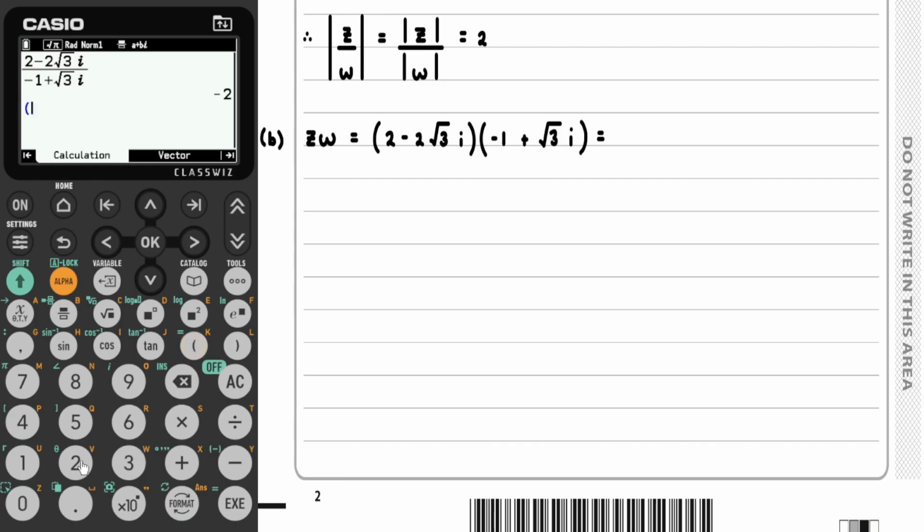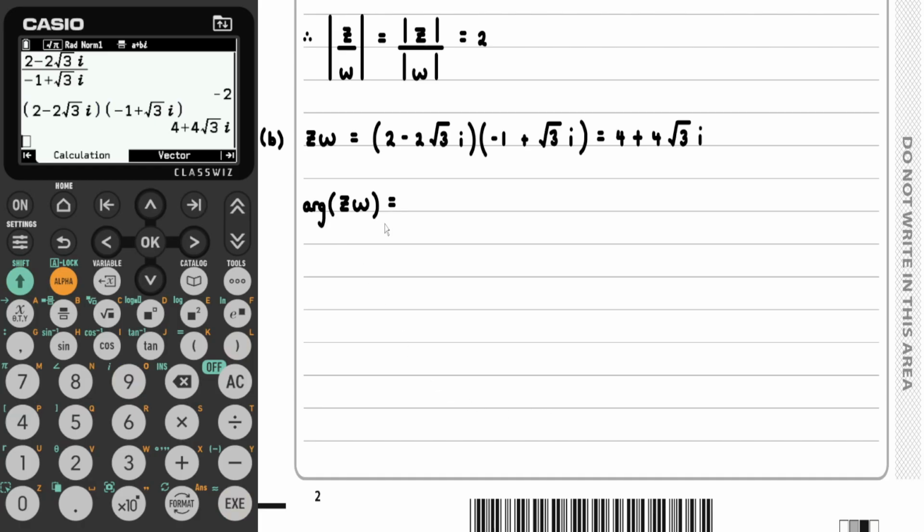We have 2 subtract 2 root 3i multiplied by negative 1 plus root 3i, and it turns out we get 4 plus 4 root 3i.